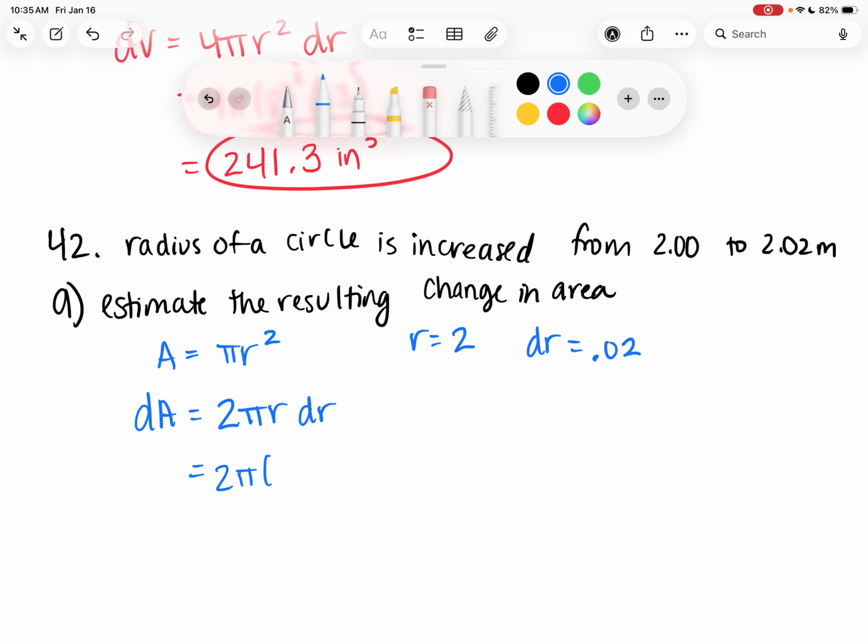So 2 pi times 2 times 0.02. On this one, they give you the answer both ways. So 0.08 pi, and that is equal to 0.251 as a decimal, if you were so inclined.